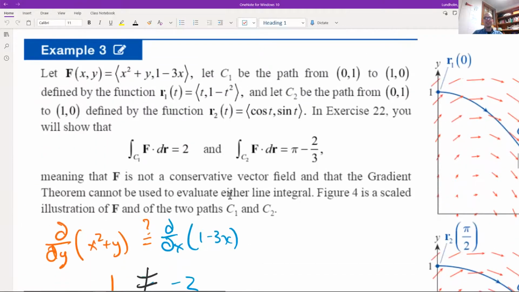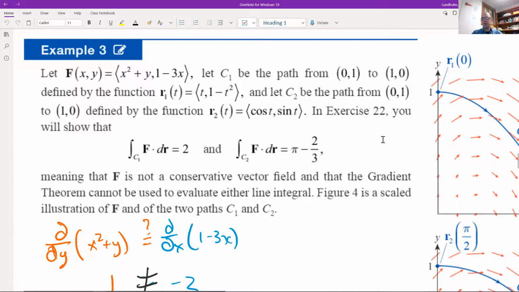Let's keep going. Example number 3. Here we go. Vector field here, force field, f of x, y. Here we have a path from 0, 1 to 1, 0, defined by this function. And then here we have a path between those same 2 points, given by a different function.